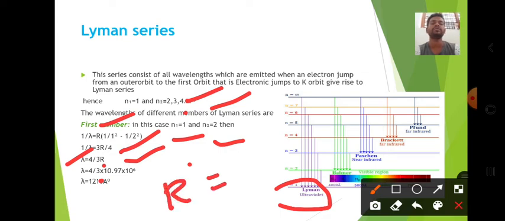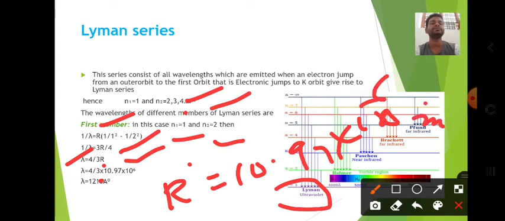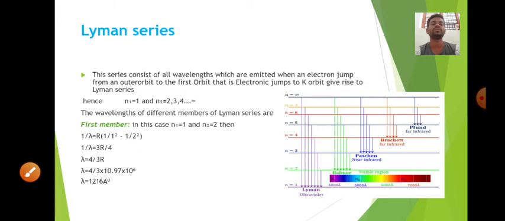R is the Rydberg constant, its value is 10.97 into 10 to the power plus 6 per meter. Its unit is meter inverse. If we substitute, finally what we get is 1216 angstrom.